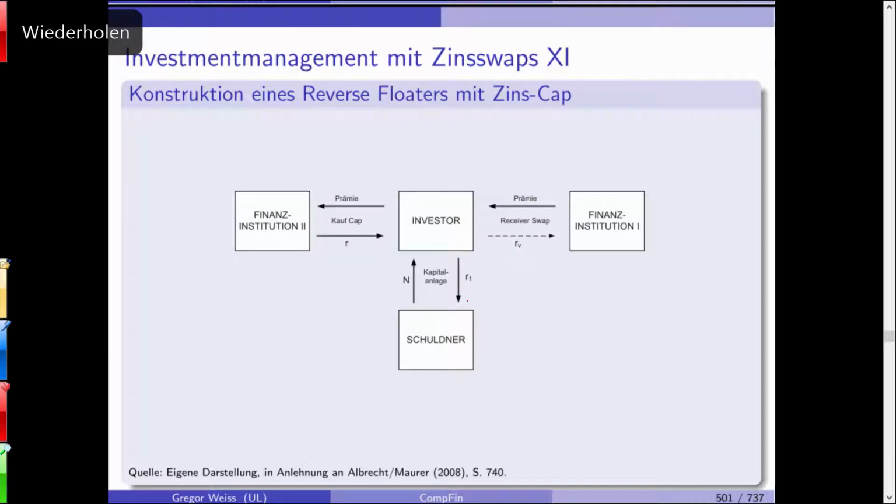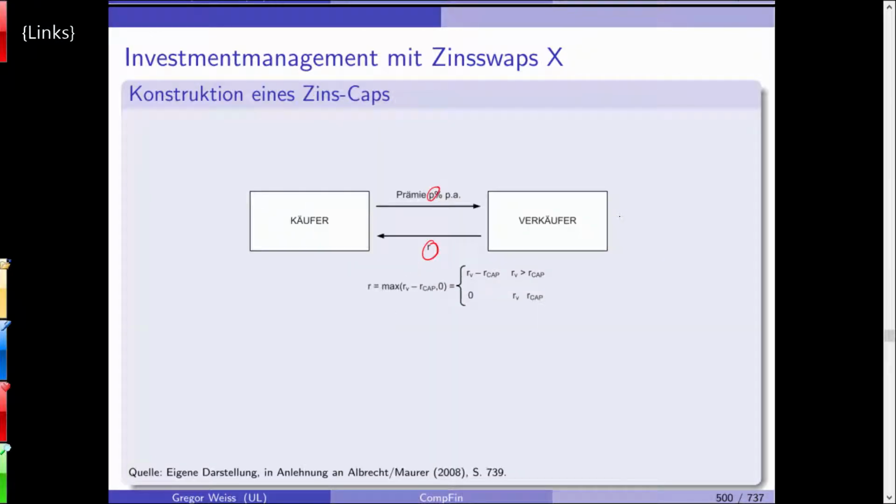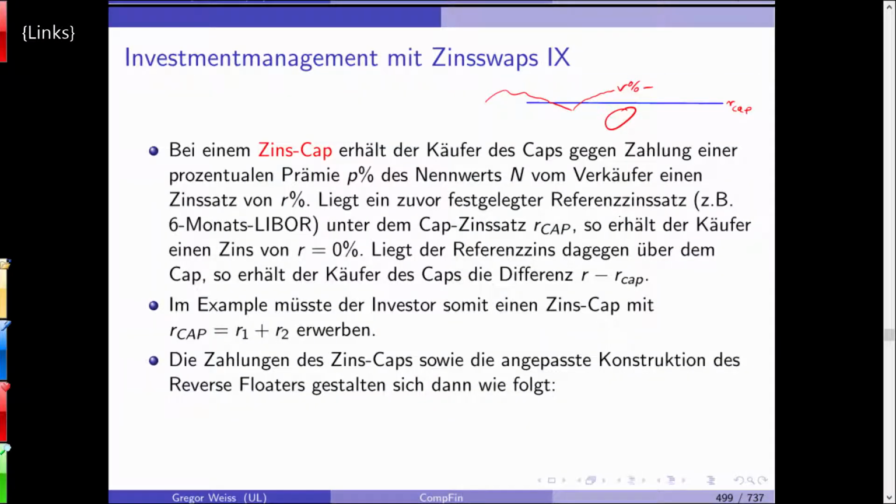And then you have the investor. He's paying out R1, and he's buying a cap from financial institution 2, so he's getting R, and he's paying out the variable payment in a receiver swap to financial institution 1, and then as a result you can cap and limit your payments via this construction.